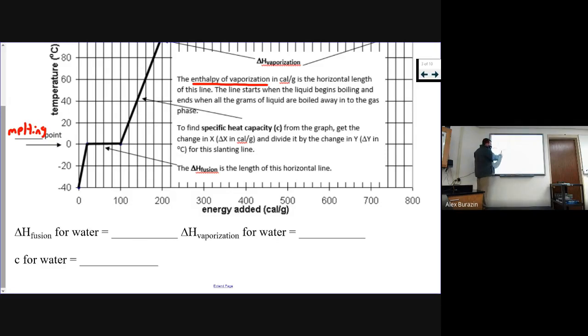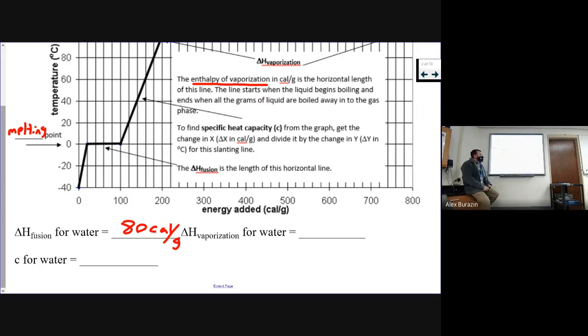The plateau starts at 20 and ends at 100, so the enthalpy of fusion is 80. Now, 80 what? 80 calories per gram, because that's what my graph was given to me in. It takes 80 calories for every gram of ice to melt it.